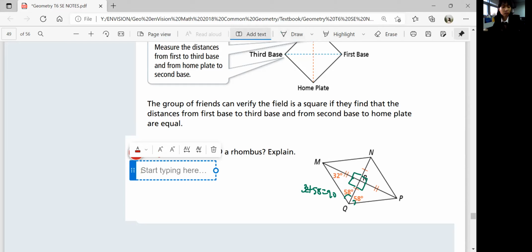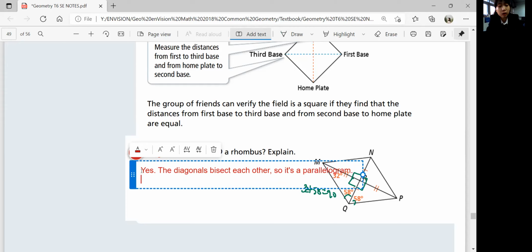So let's summarize and add that. It is a rhombus. The diagonals bisect each other. So it's a parallelogram. Always start with a parallelogram, okay? And then the angle MRQ is 90 degrees.